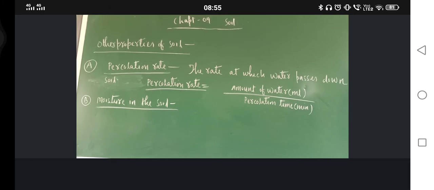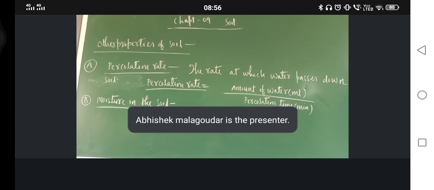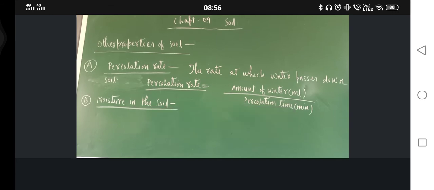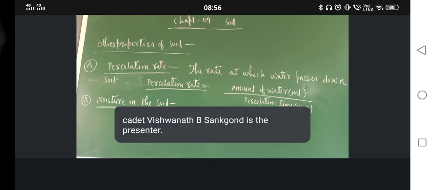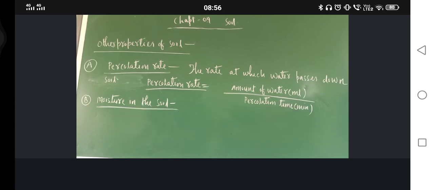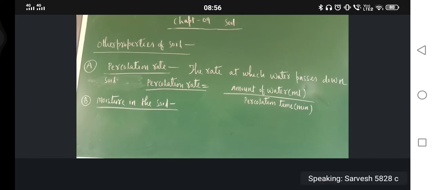Divide yourself into three teams A, B, and C. You will be finding out how fast the water passes down to the soil. You will need a hollow cylinder or a pipe. Ensure that each team uses a pipe of the same diameter. If possible, get a small tin can and cut off its bottom.